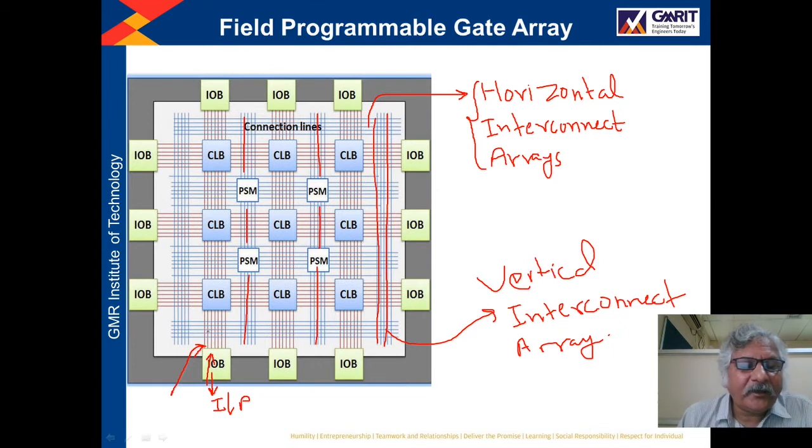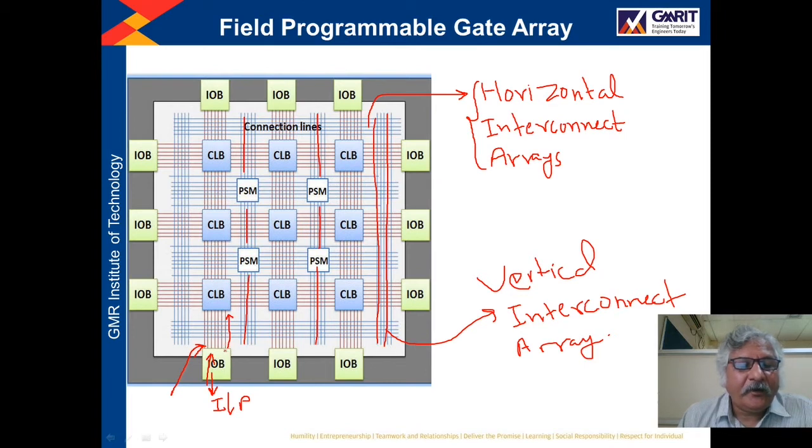Out of these seven vertical wires, this signal will move in any one vertical wire. It depends upon the program which particular vertical wire is selected for the connection of this signal.